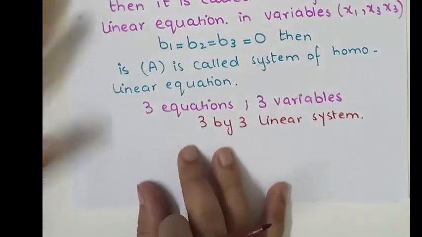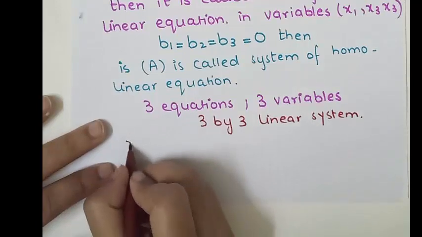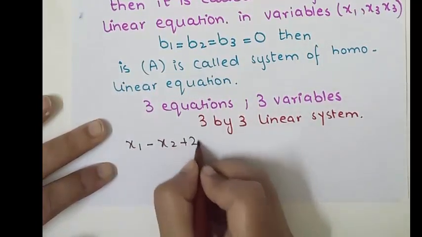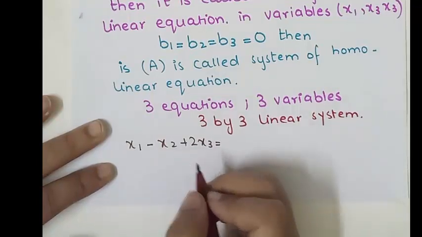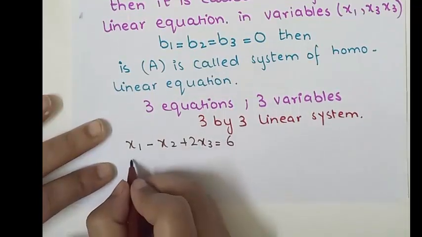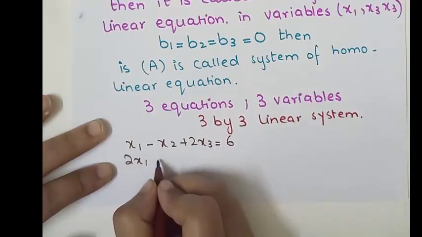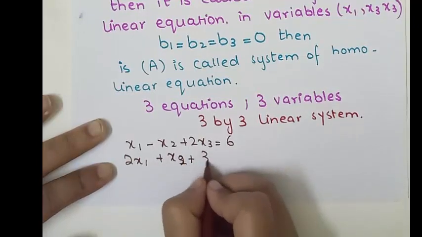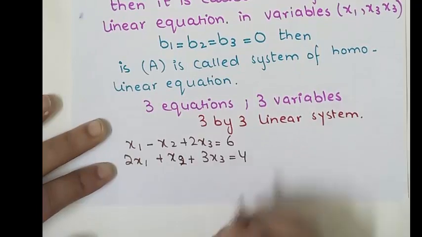But suppose we have x1 minus x2 plus 2x3 equals 6, and 2x1 plus x2 plus 3x3 equals 4.